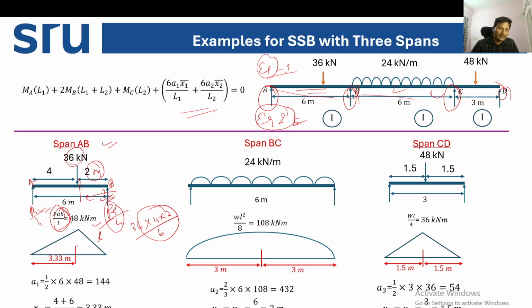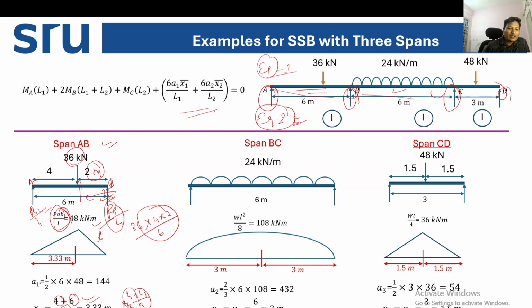And if you find the centroid distance, what is the equation? XL is A plus L1 divided by 3. XR is B plus L1 divided by 3.